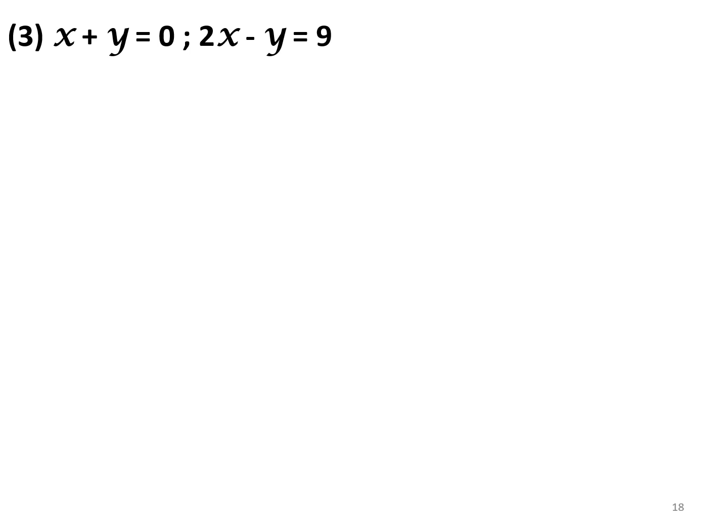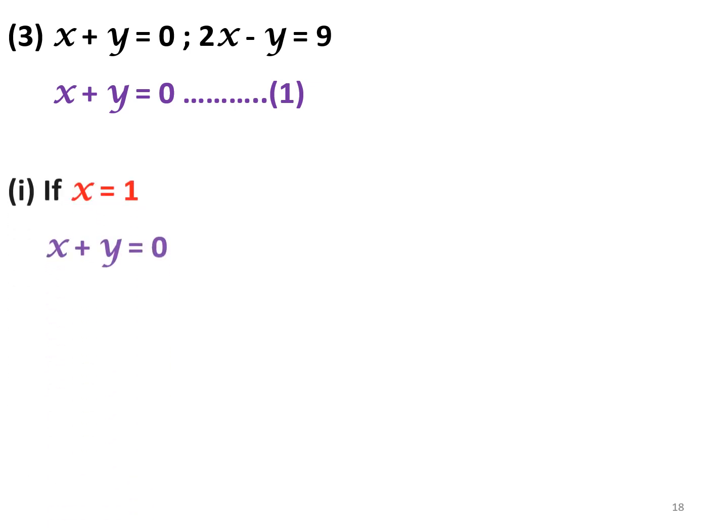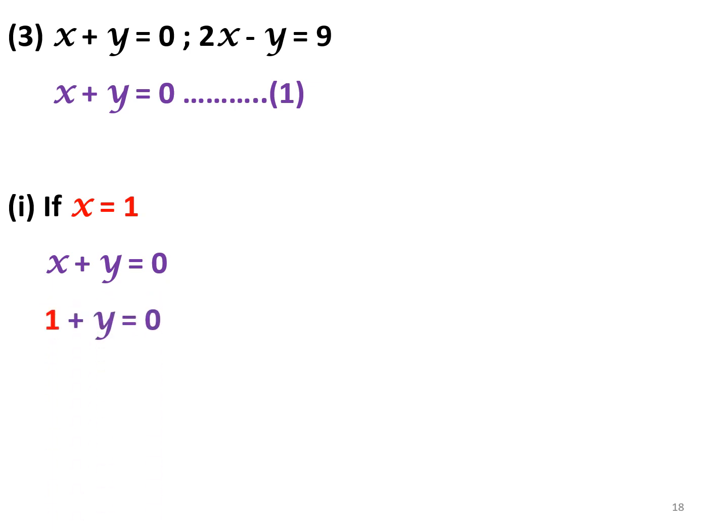Taking equation 1, x plus y is equal to 0. If x is taken as 1, substituting x is equal to 1 in equation x plus y is equal to 0: 1 plus y is equal to 0, y is equal to 0 minus 1. So y is equal to minus 1.